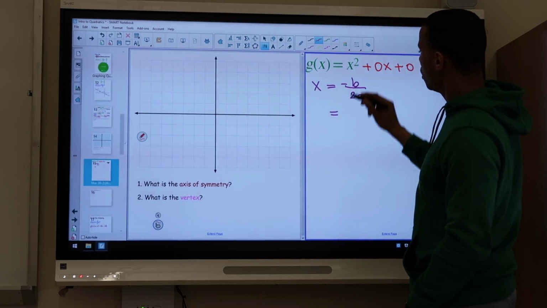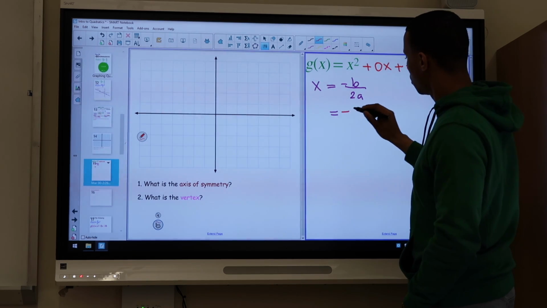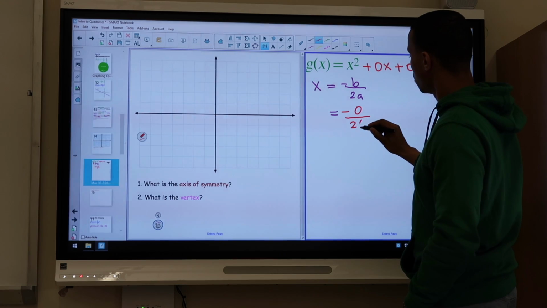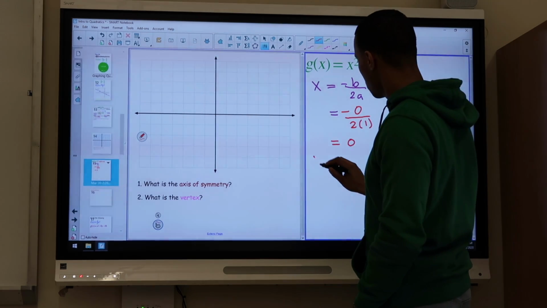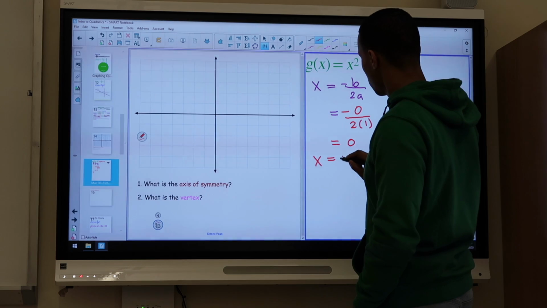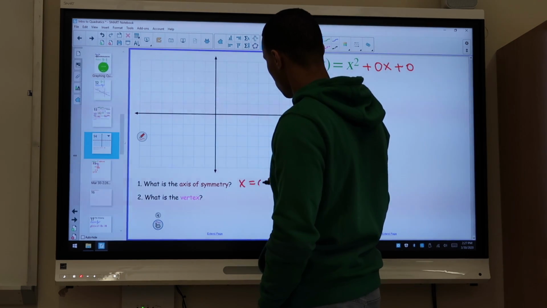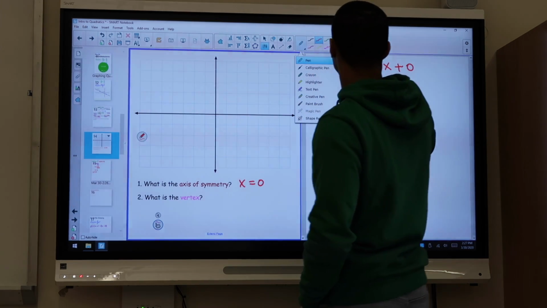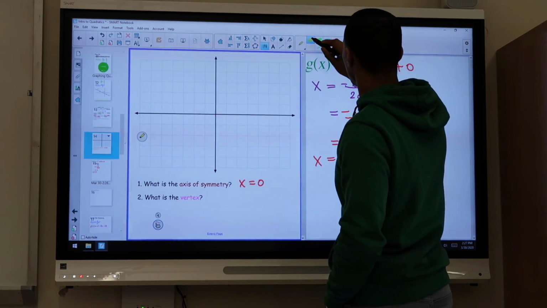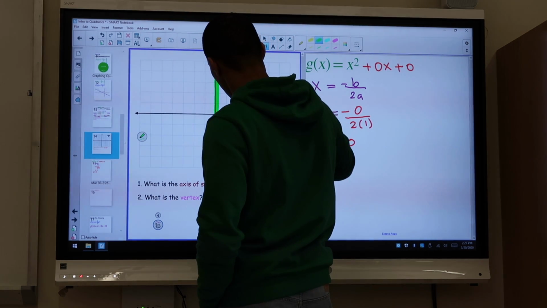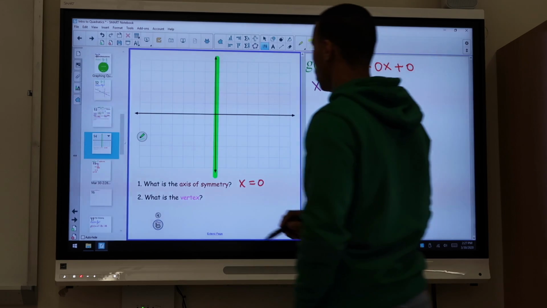So now my b value is 0, so negative 0 divided by 2 times 1. My axis of symmetry is going to be x equals 0. I'm just going to put that in here. So this line right here will be my axis of symmetry.